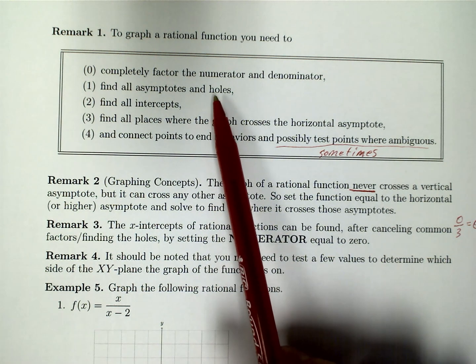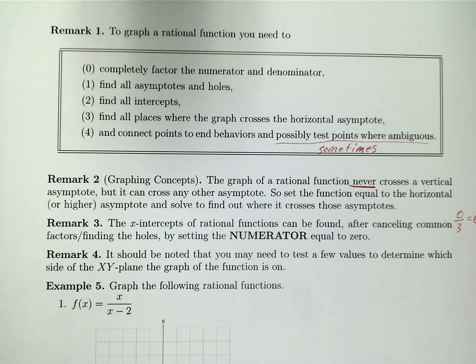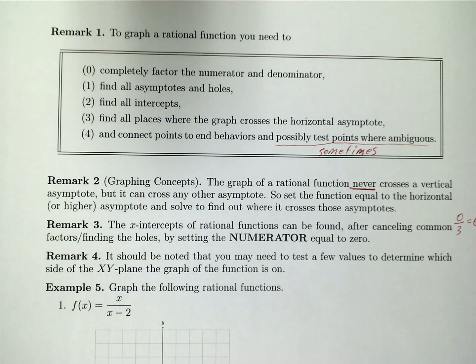But always before you do either, cancel out the holes, or cancel out the common factors and find the holes. And again, lastly, just to reiterate, sometimes you may have to actually test a few values to see where on the xy plane it is. Normally it's just to see if it's above or below the x-axis.